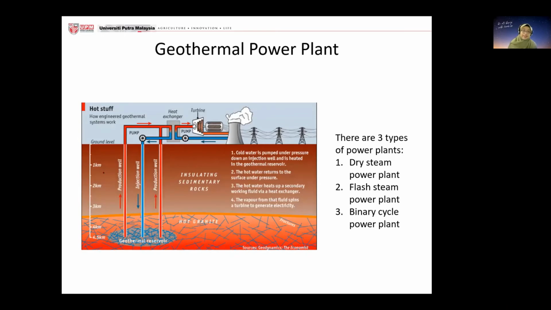So what happens in the geothermal power plants? There are actually three types of power plants. We have dry steam power plant, flash steam power plant, and binary cycle power plant, right?